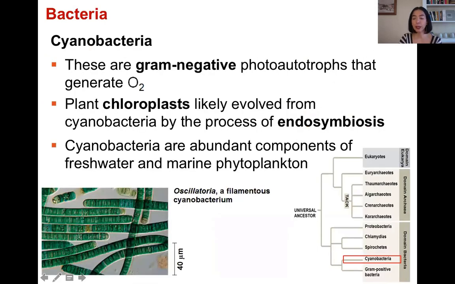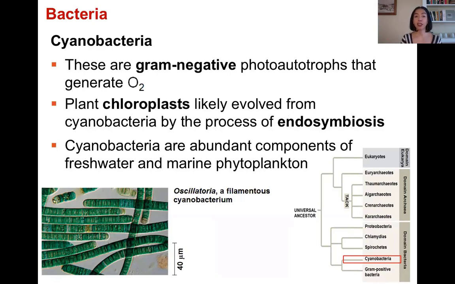The next group of bacteria, so we have covered all of these gram-negative, right, protobacteria, chlamydia, spirochetes. Now let's jump into the cyanobacteria, another gram-negative, which is photoautotroph. That means that they are going to fix their carbon and build their own molecules storing the energy, and they produce oxygen as a byproduct.